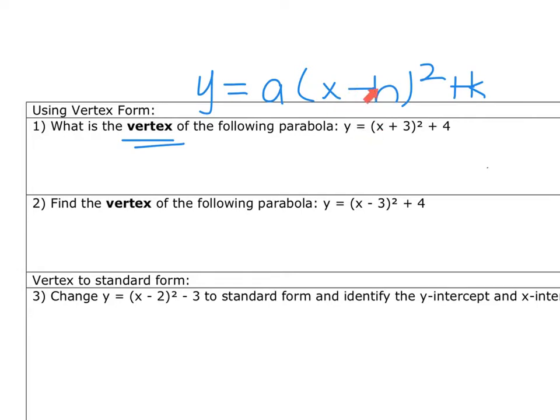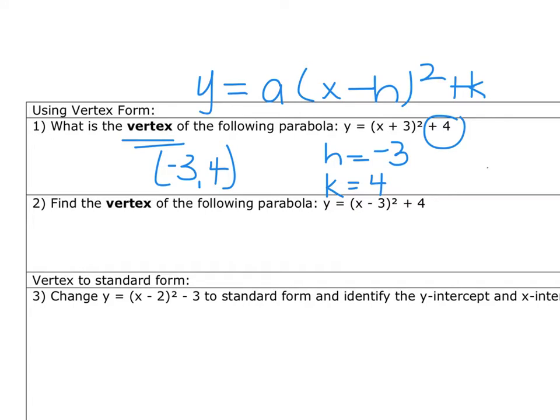We started out with a minus h, so what number can we put in here to end up with a positive 3? If we plug in a negative 3, a negative 3 will give us a positive 3. So our h value of our vertex is negative 3, and our k value is just what we see. Our k value is 4. So our vertex is negative 3, 4.